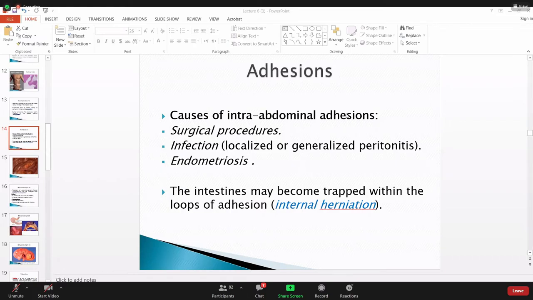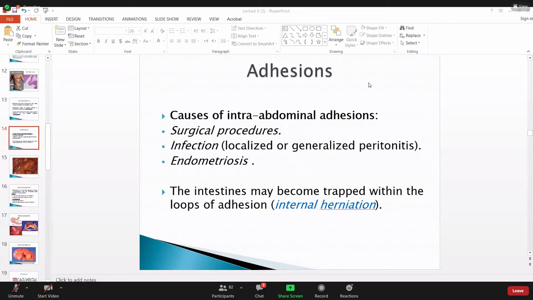Infections cause inflammation and healing by fibrosis. Endometriosis, we will talk about it in detail in the urogenital system. In endometriosis, part of the endometrial cavity is localized outside the endometrium.